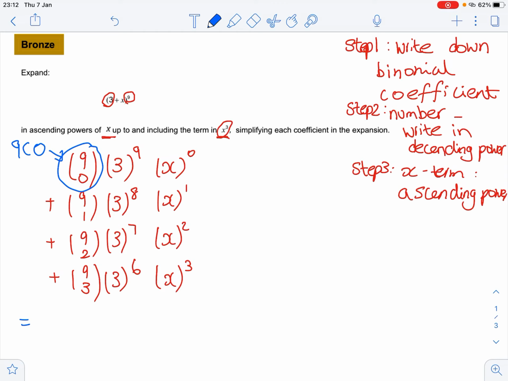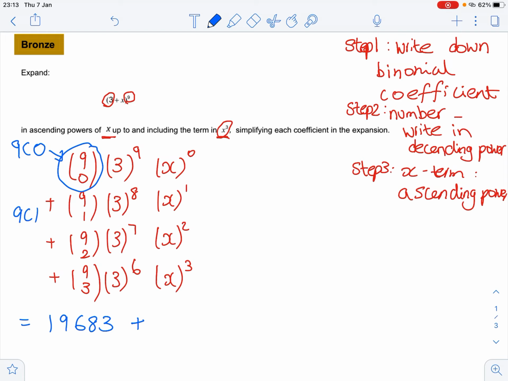So 1 multiplied by 3 to the power of 9, which is 19,683. X to the power of 0 would just equal 1, because anything to the power of 0 equals 1.